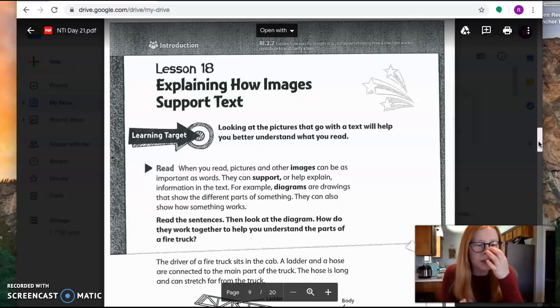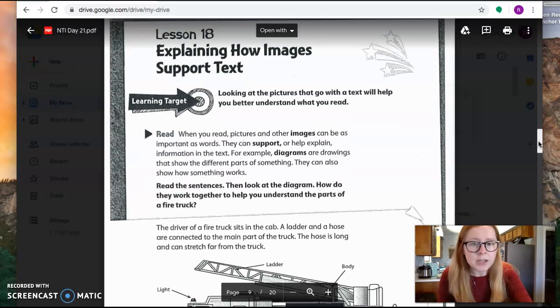And sometimes when we're reading, we feel like we can just skip over those captions. We can skip over that extra information because it's not important. But it is. It tells us how things work. It labels things for us. There's all kinds of things that our captions and our labels do for us.